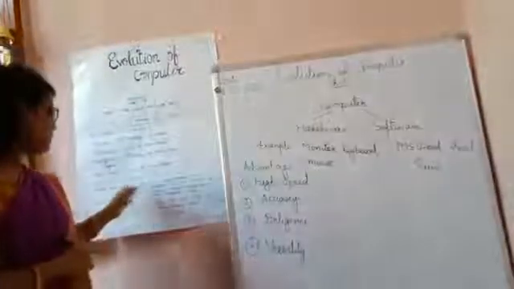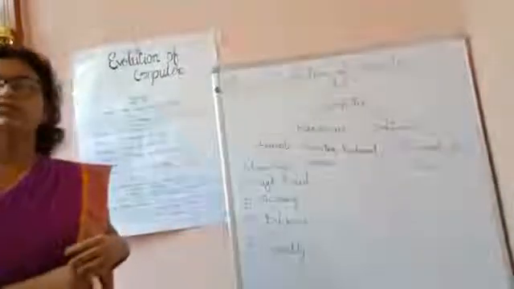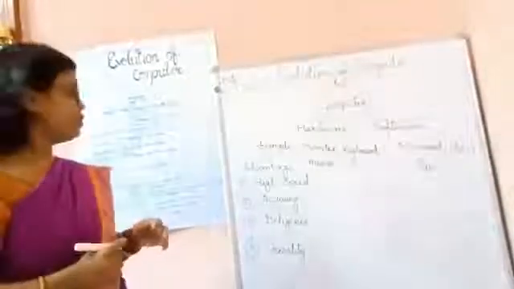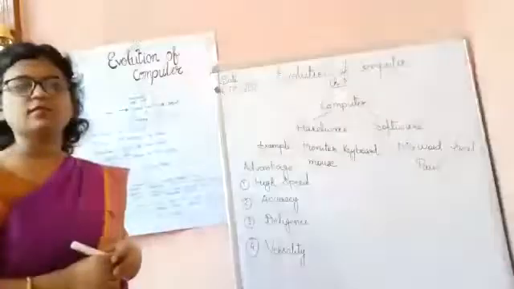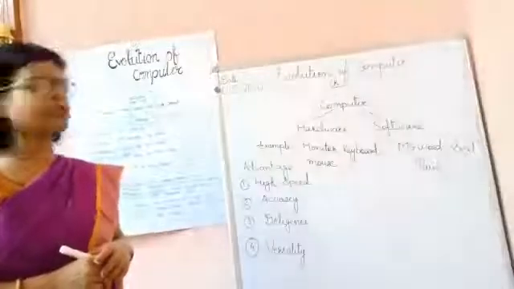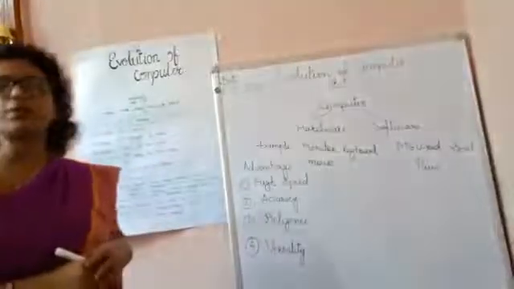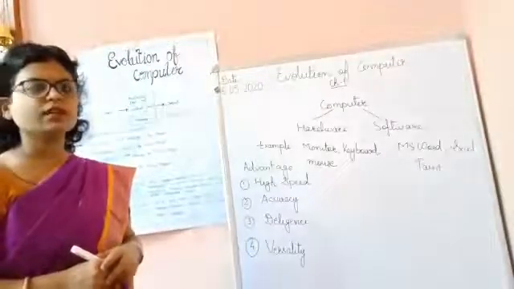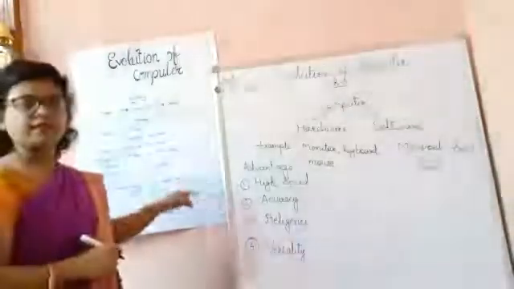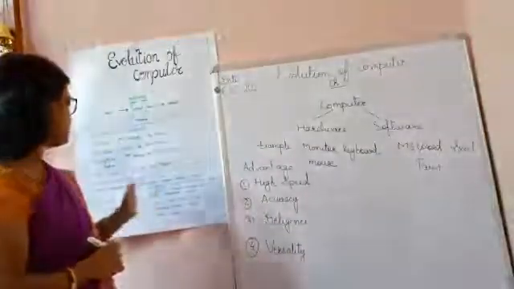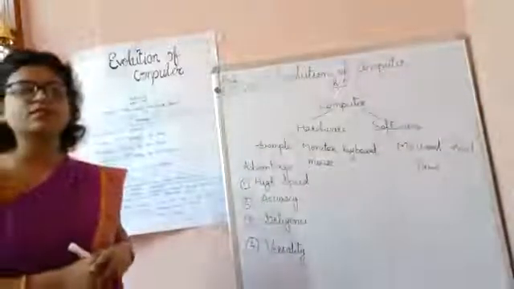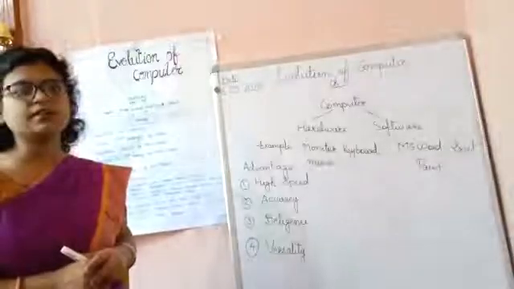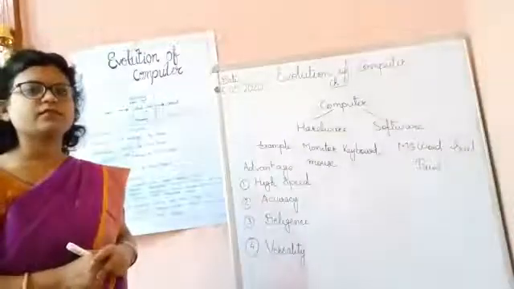Now, as the generations of the computer are over, I will tell you about all the things. As I told you at the very beginning, in the first generation of computer ENIAC and EDVAC were used, in 1946. Again, the second generation used integrated circuit, IC.